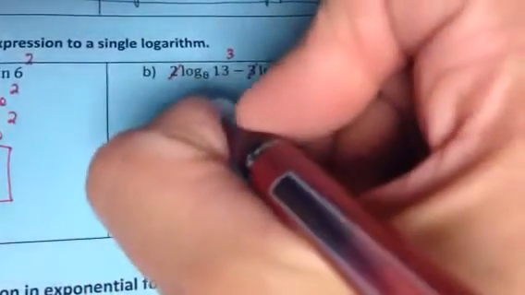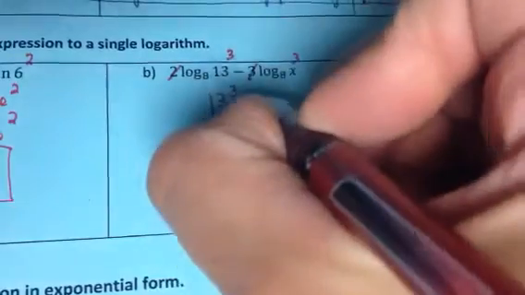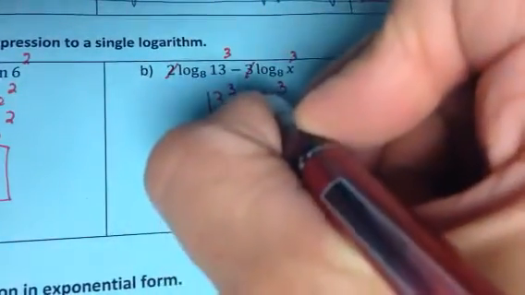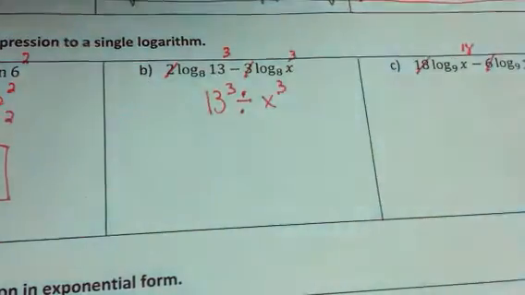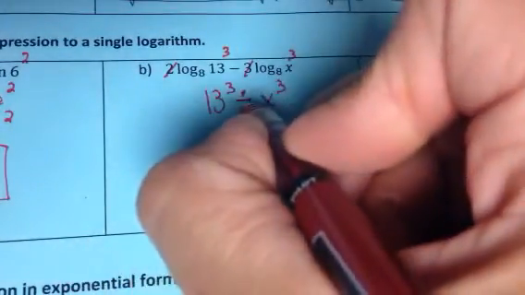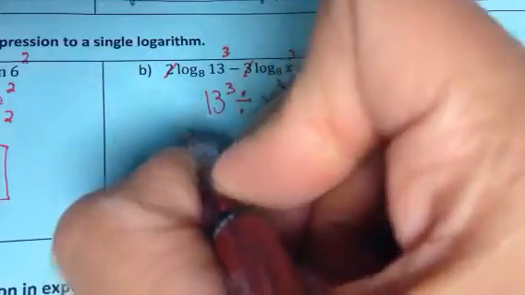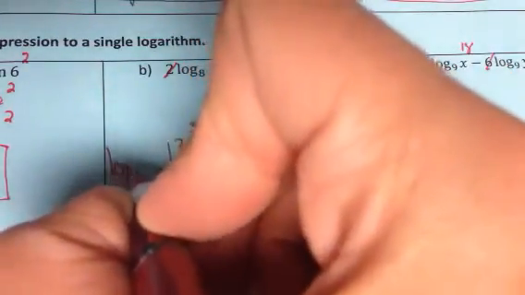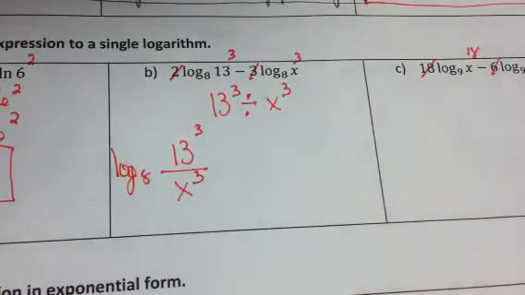All right, this one. So ignoring the logs, 13 cubed minus x cubed would turn into 13 cubed divided by x cubed. And they don't write it with the division symbol, they always write it with a fraction. And so now you can just bring the log back. That's great. And you know what? I'm going to go ahead and do, this will be on the calculator portion.